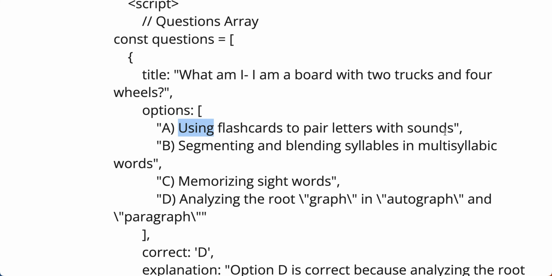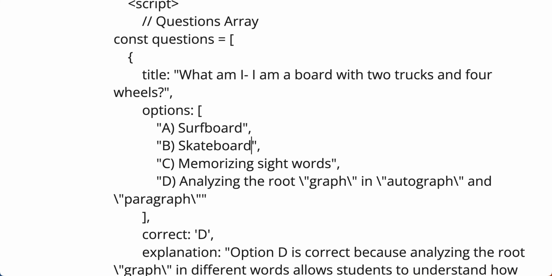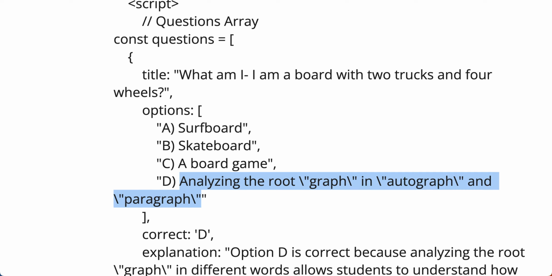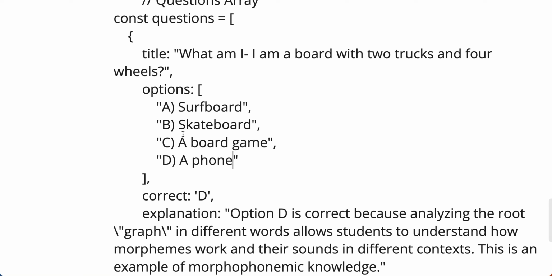And if A is, let's say, a surfboard, and then B is, we can say, a skateboard, and C is a board game, and D is, let's say, a phone. So, of course, a board with 2 trucks, 4 wheels is a skateboard.